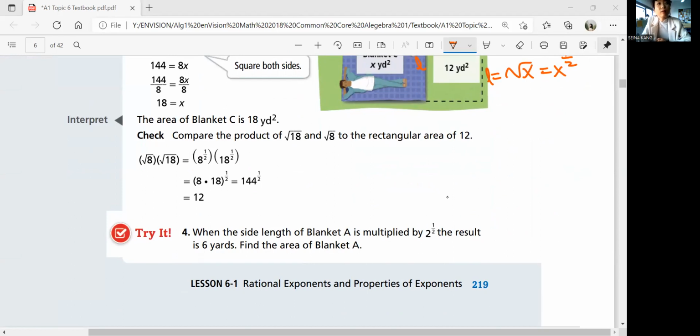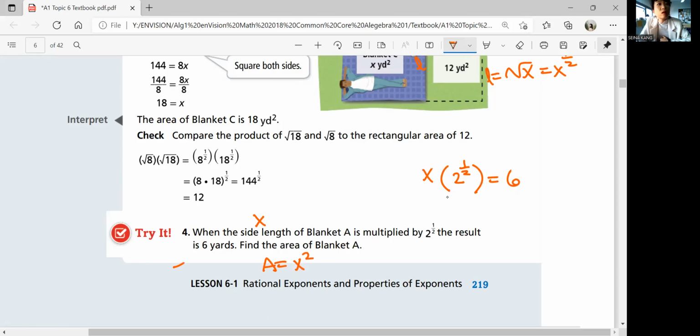So when the side length of blanket A, we can say the side length x, okay? x is multiplied by 2 to the power of 1/2. The result is 6 yards. So find the area. The area is side squared, right? So using that, we can say the area is going to be side x squared.